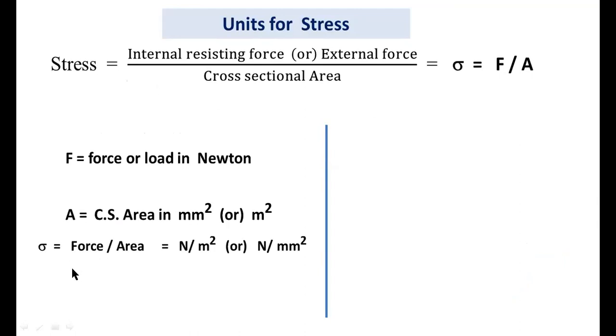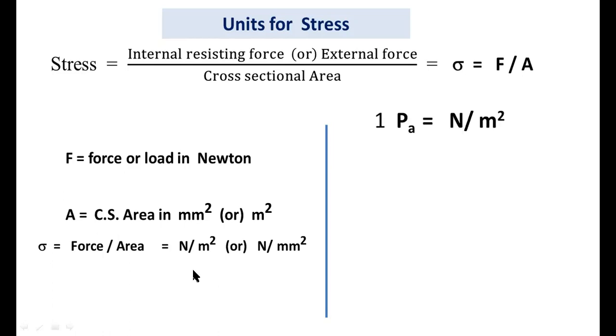Then the unit for stress equals Newton per meter square if length is in meters, whereas if you are taking area in mm, then the unit is Newton per mm square. So these two are the units for stress.